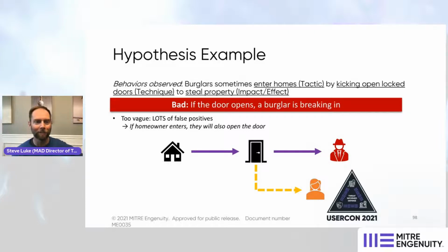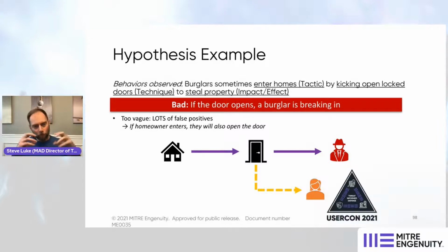Maybe you scan the license plate numbers, looking for license plates that have been used in previous burglaries. That would not be a very effective approach. What we really do is think through how real burglars behave. What are their TTPs? Well, a tactic might be that they have to enter your home. And one of the techniques that they might use is to kick open a locked door.